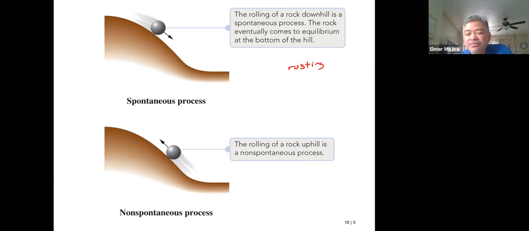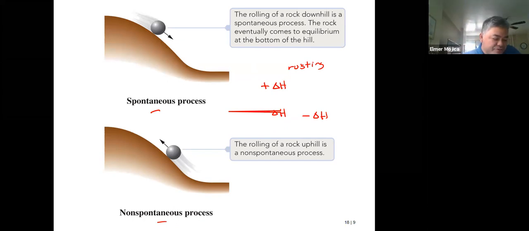Now, enthalpy cannot describe this. Why? Because when they look at some of the reactions, some of them have a positive delta H, and some of them have a negative delta H. So delta H is not enough to determine whether you have a spontaneous reaction or not. Now you might say, what's the example here?